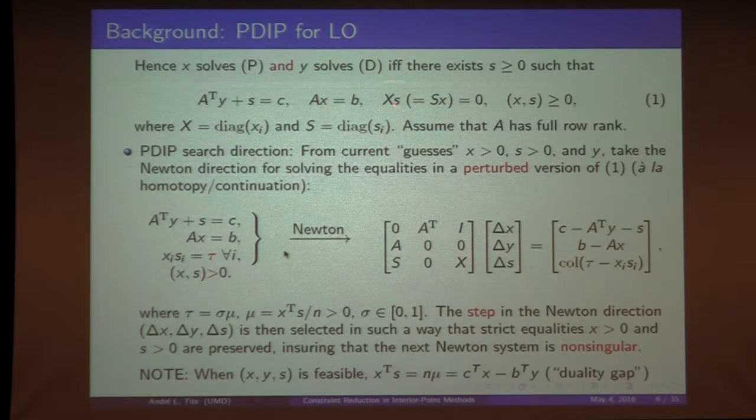So the entries of this vector are just xi si, and the same for this vector. So this says that xi si is 0 for every i, which is complementary slackness. And non-negativity of multipliers. So these 4 conditions are if and only if, both for the primal and for the dual. So if you can solve these 4 conditions, you have solved both the primal and the dual at the same time.